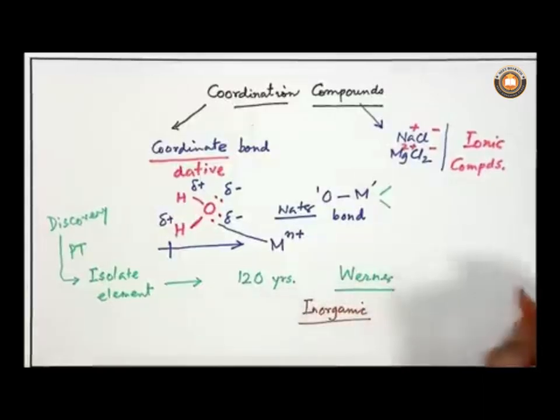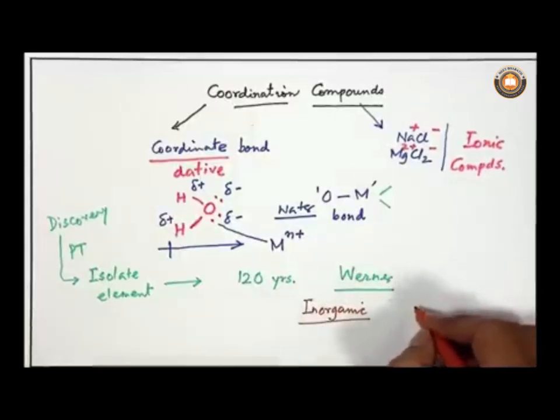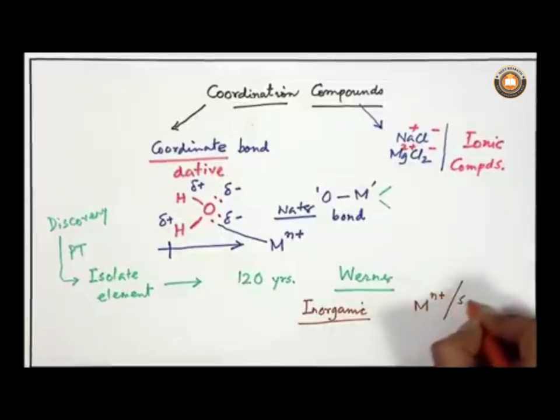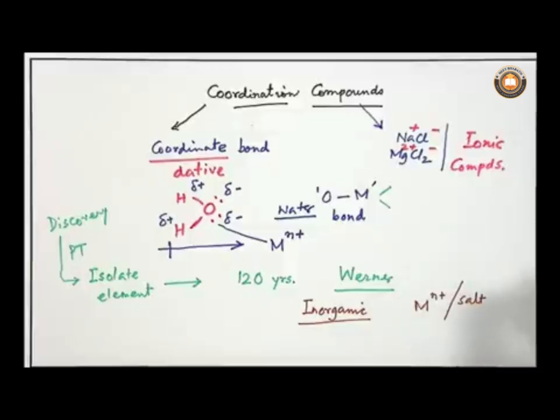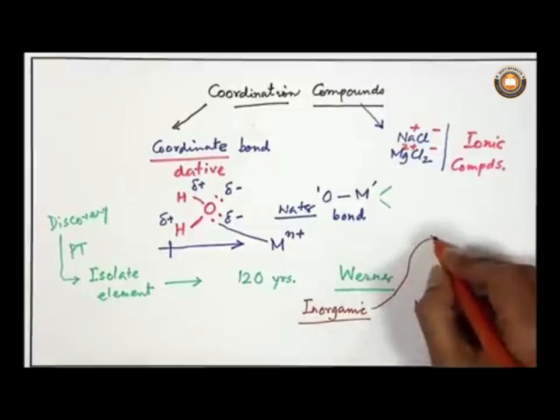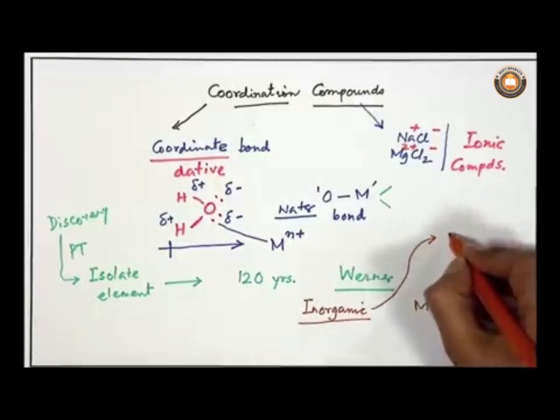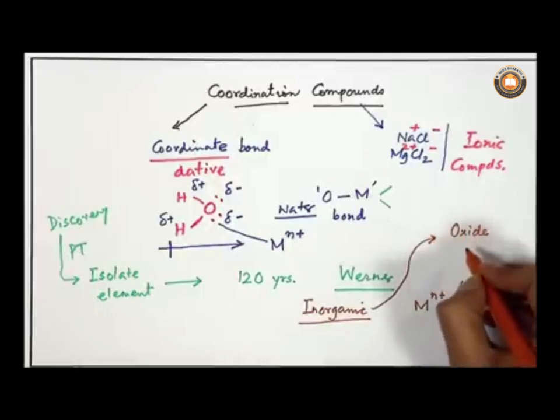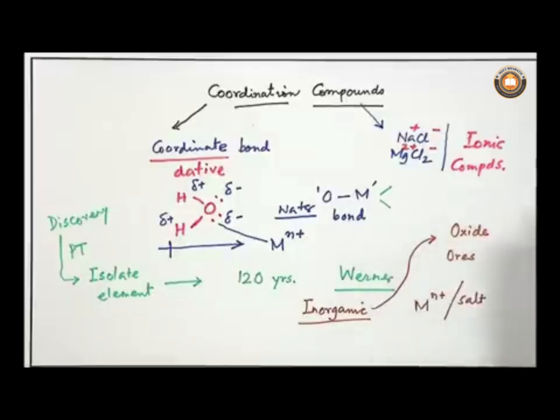Consider any inorganic compound, a simple metal salt, where M has a charge of Mn plus. What type of salt? From the earth's crust we get oxides, hydroxides, carbonates, sulphides, ores and minerals.